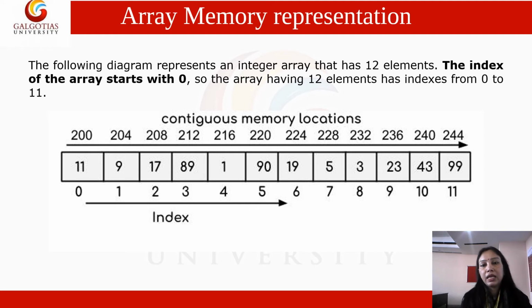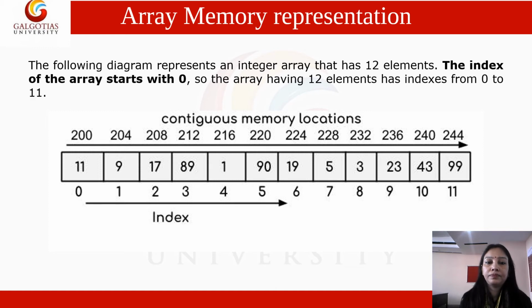Starting from 0 till n minus 1, all array elements will be stored, but it depends on the data type size. Because all elements are of integer type, in memory the integer size will be there. So the first element is stored, the next element will be stored at the next location, but it depends on the type, whether it occupies 2 bytes, 1 byte or 4 bytes. So this is the array memory representation.